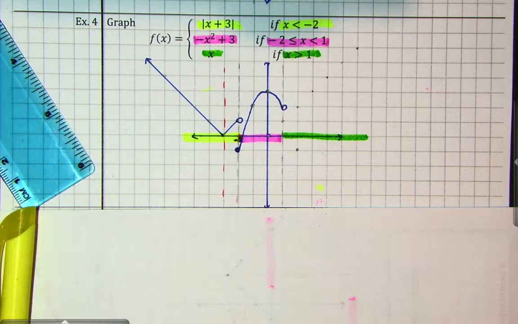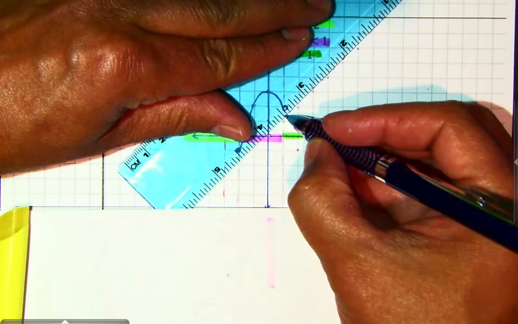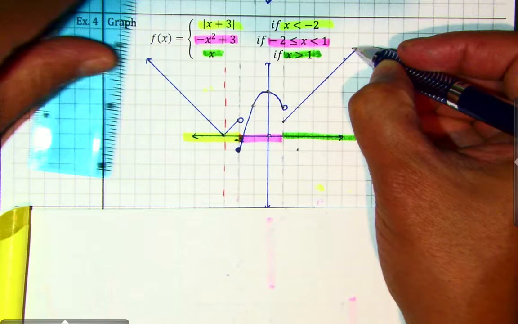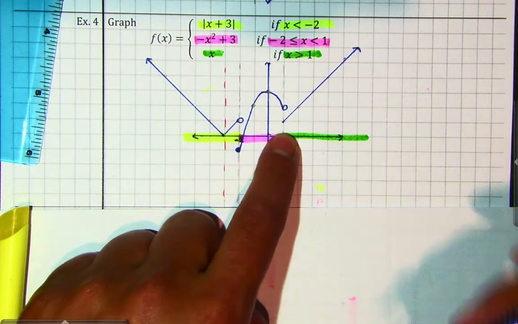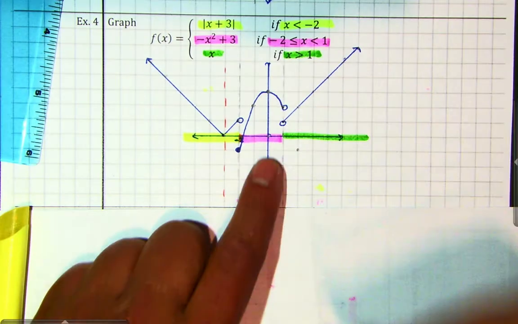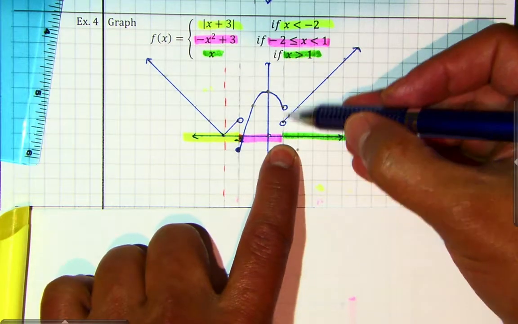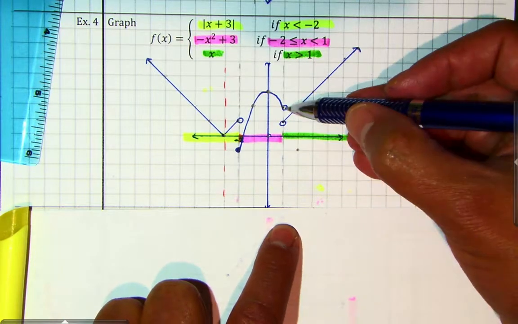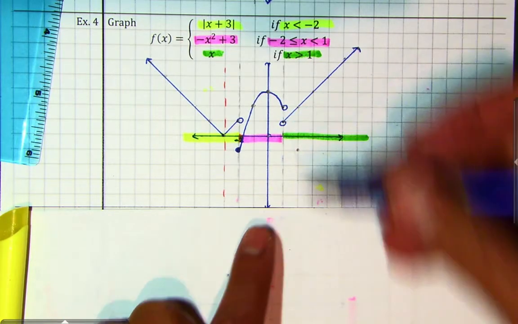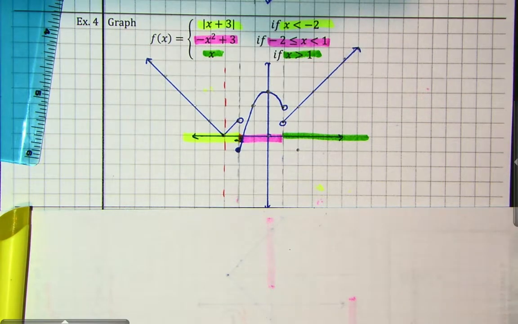So therefore, I'm just going to keep this part of the graph. And at 1 will be open as well. So therefore, we're going to have a gap in here because both of them are open. At 1 is going to be undefined because it doesn't belong to either one of them. So I just need to write down my domain and my range.